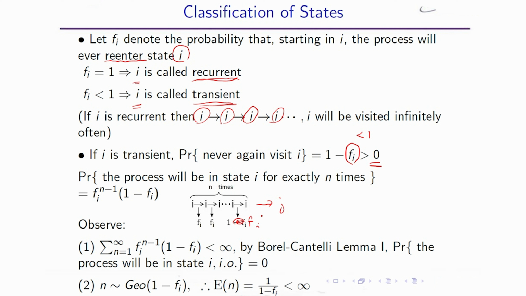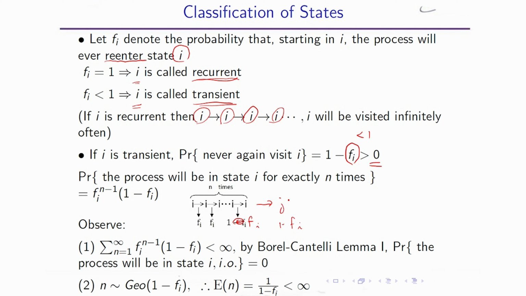If you want to go from i to some other state, the probability is 1 minus Fi, right? So you have Fi to the power of n minus 1 times 1 minus Fi.